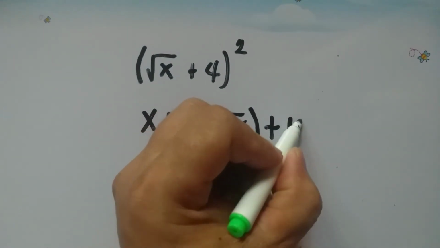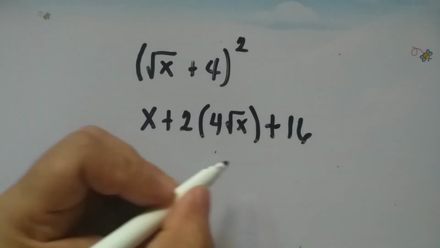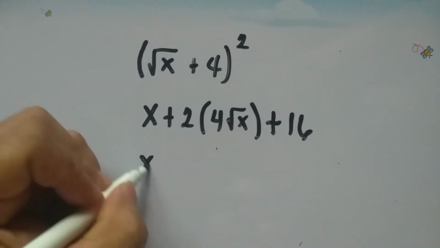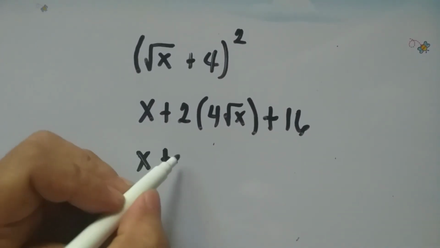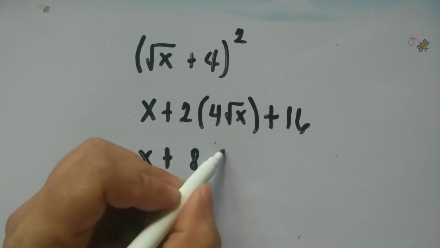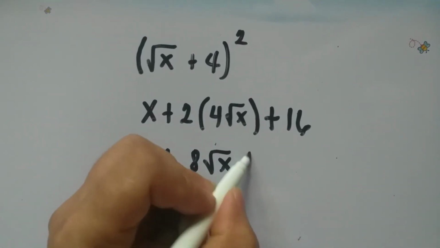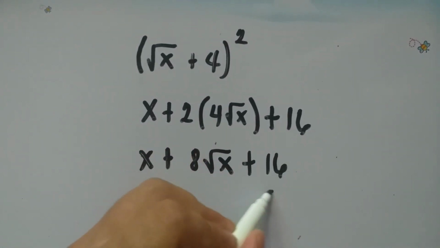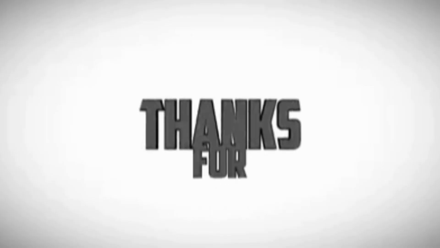We have 16. Then simplifying, we have x plus 8 times the square root of x plus 16.